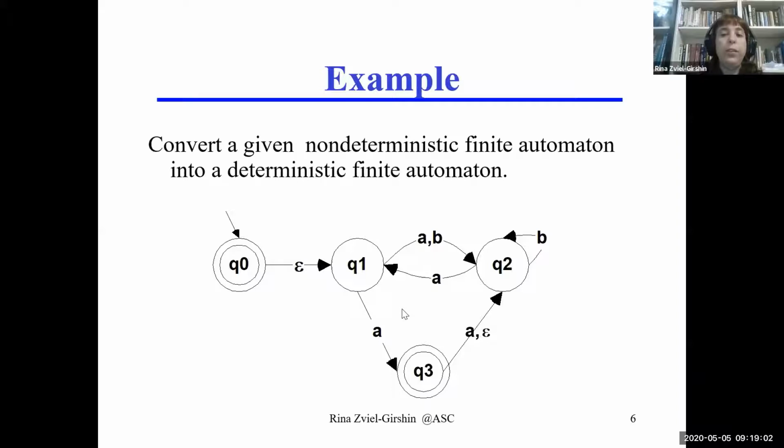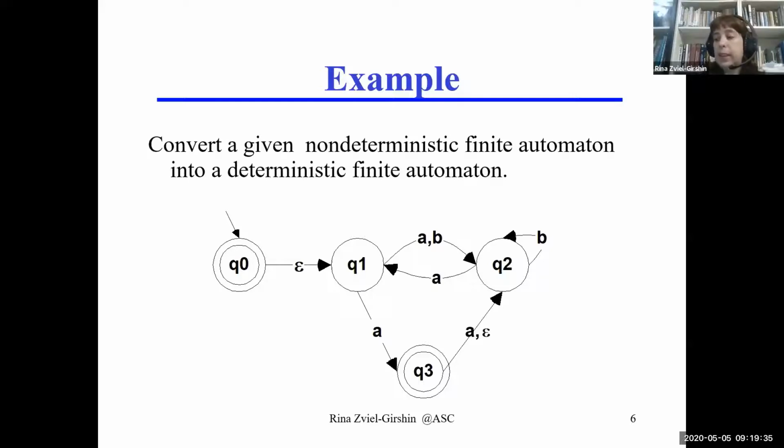So I will have the state Q0, Q1, and will the state Q0, Q1 be an accepting state? Yes, because of Q0. If I have a union of several states, even if I have one state which is an accepting state, the whole new state is an accepting state. So Q0, Q1 is an accepting state.